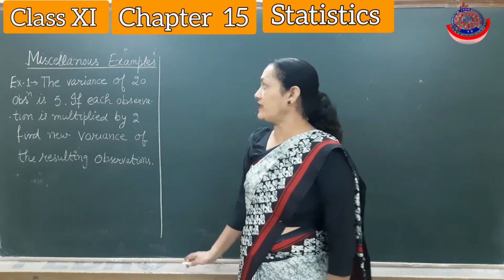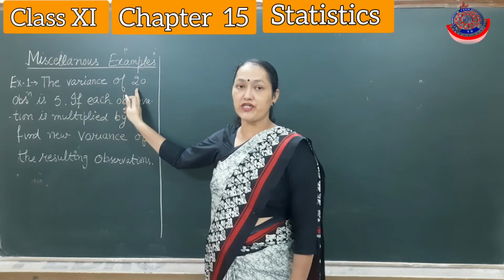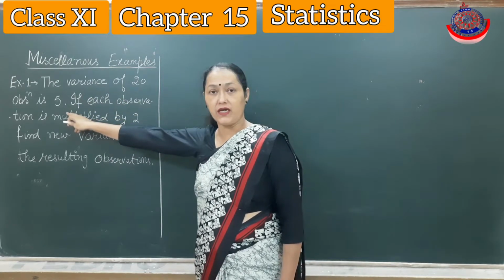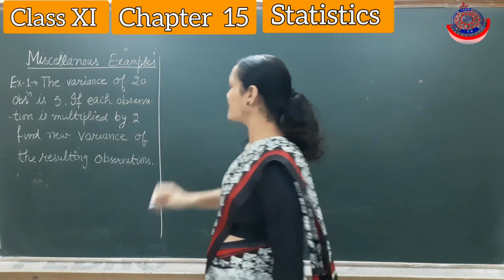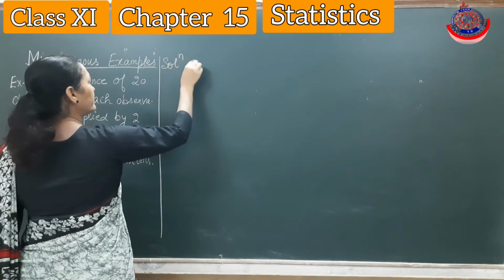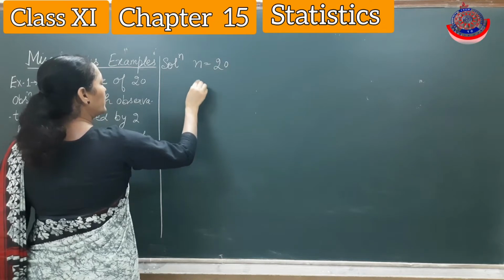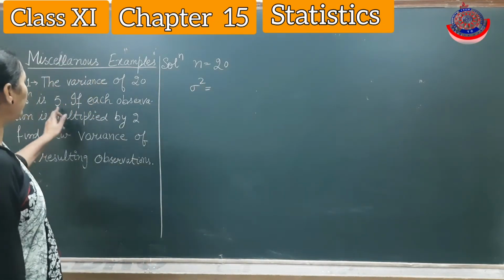In the first example, the variance of 20 observations is given to us, and the value of variance is 5. How many observations? 20. Means what is given to us? N is given as 20, and sigma square, that is variance, is given to be 5.